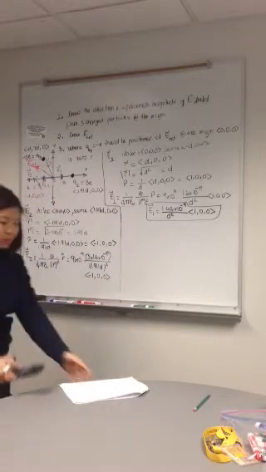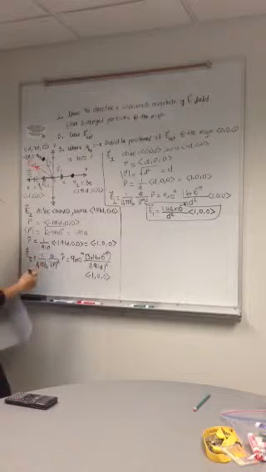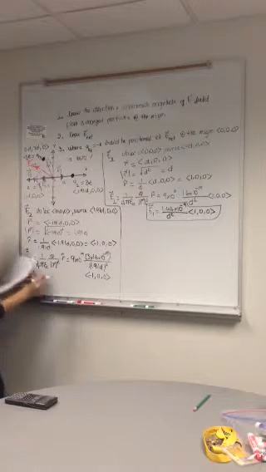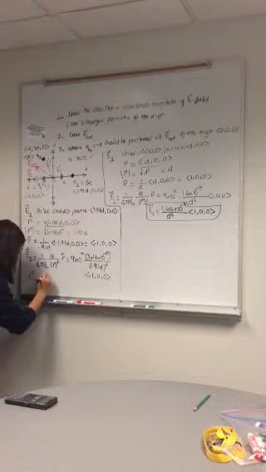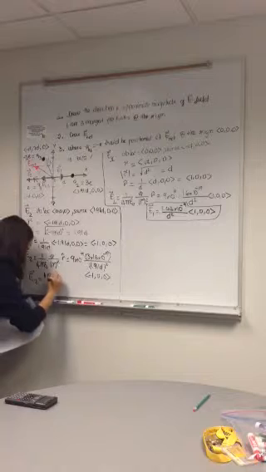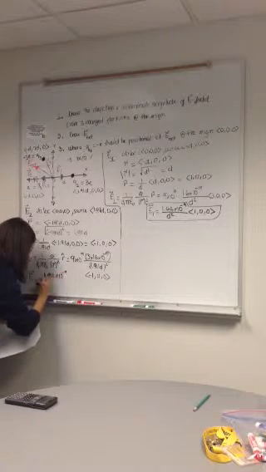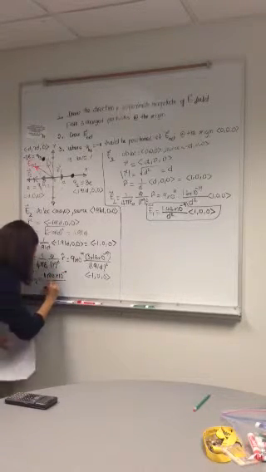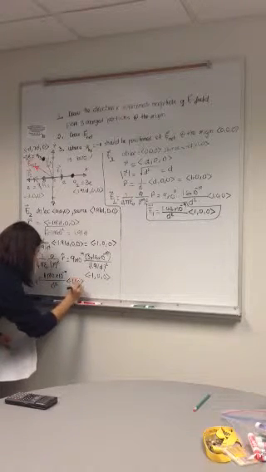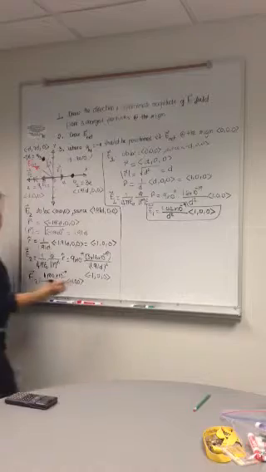So E2 will be 1.184 times 10 to the negative 9 over d squared times (-1, 0, 0). Okay, so this is E2.